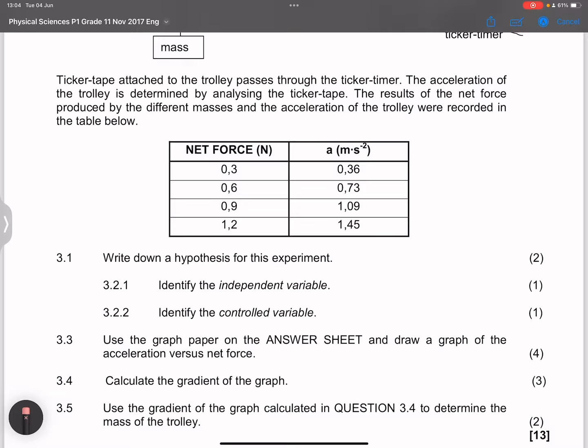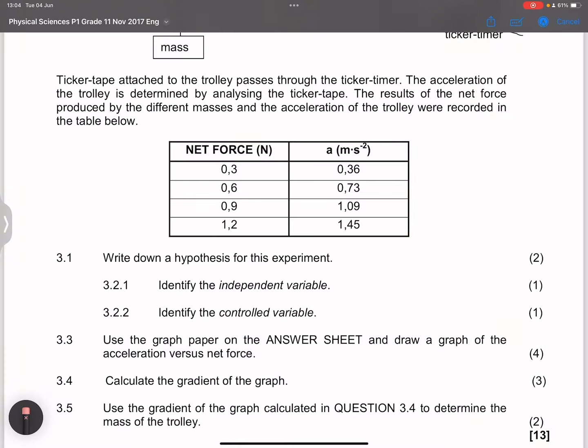But we already have the data right in front of us. So what would be a suitable hypothesis? We would essentially just say, as the net force increases, the acceleration also will increase. Or you can say that acceleration is directly proportional to the net force. That is also a suitable hypothesis.